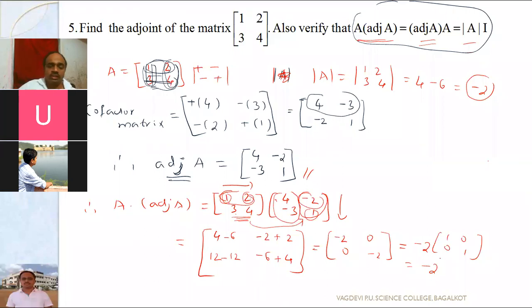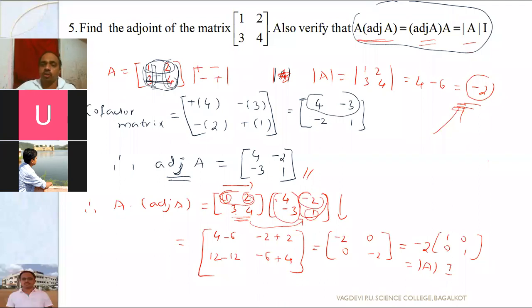This is the identity matrix, that is I. And what is minus 2? Minus 2 I have calculated here, it is the determinant of A. So minus 2 means determinant of A, and 1, 0, 0, 1 is I.